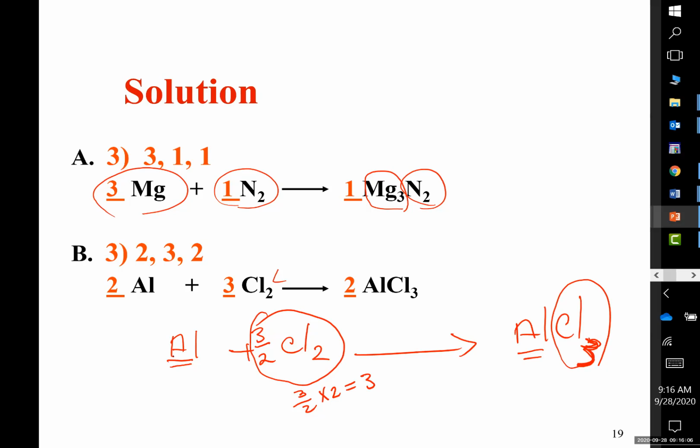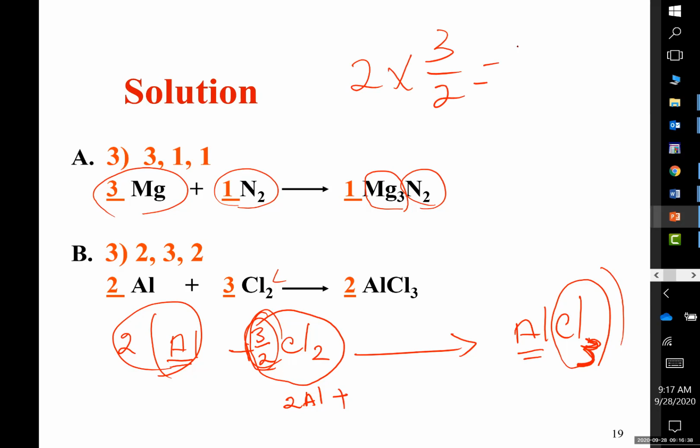Except we don't want to have a fractional coefficient. Coefficients are supposed to be whole numbers. How can I get a whole number from 3 over 2? Well, why don't I multiply both sides of the equation? The equation is going to be valid. So if I do that, I get 2 Al, and 2 times 3 over 2 is equal to 3.